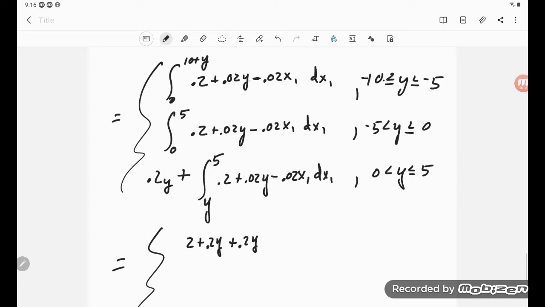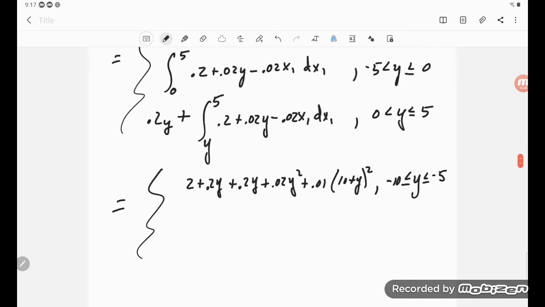And then 0.02y squared. And then here, when we do this last part, that's going to be 0.01 x1 squared. And so we're going to get plus 0.01 times 10 plus y squared. And that's from negative 10 less than or equal to y less than or equal to negative 5.